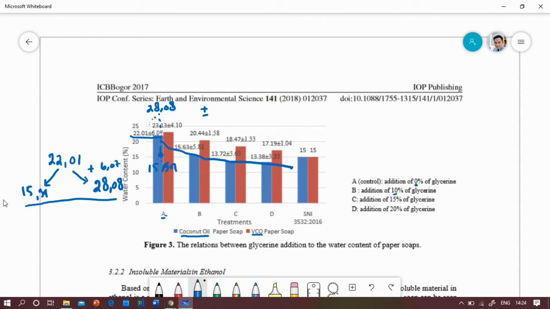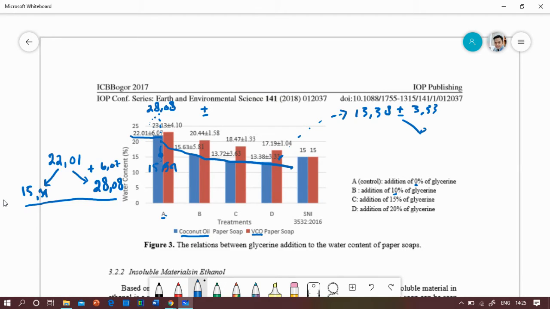I hope you can see that. Let's see the lowest data in here. You have 13.38 plus minus 3.33.